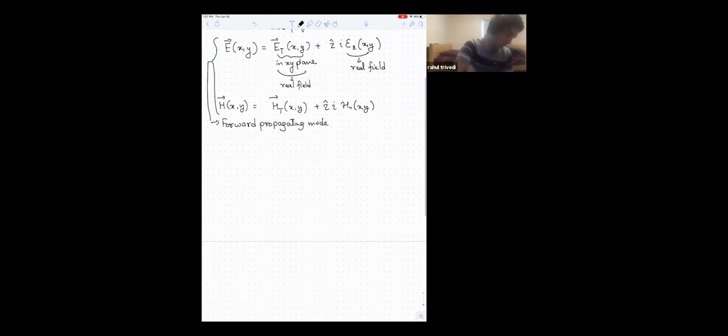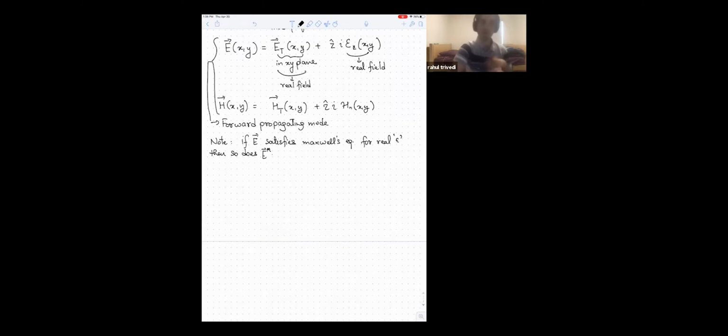They are defined up to some arbitrary phase, so you could have many choices for this backward propagating mode. One simple way of constructing it is to note that if E satisfies Maxwell's equations for a real permittivity distribution, which is what we are going to be concerning ourselves with, then so does E star.